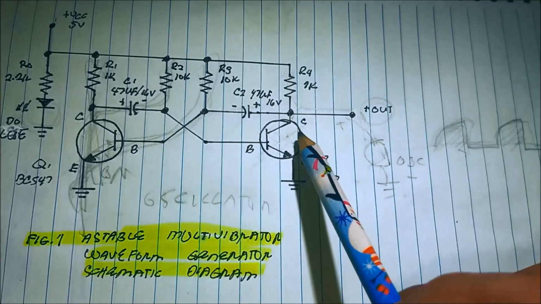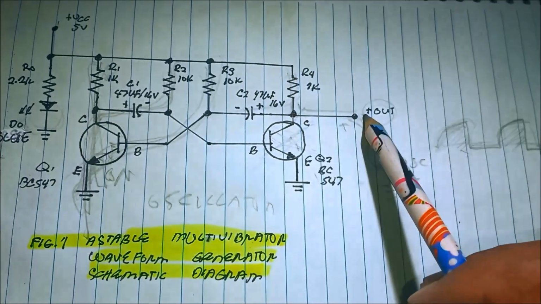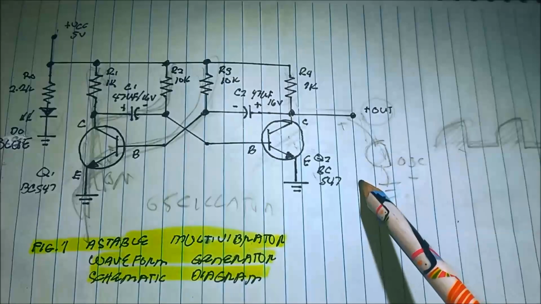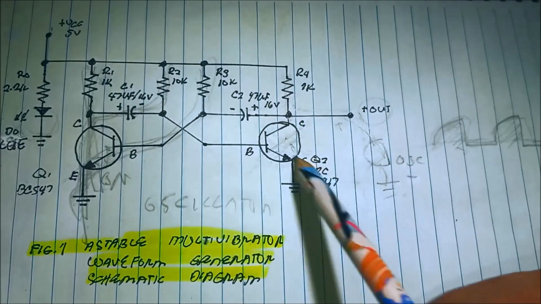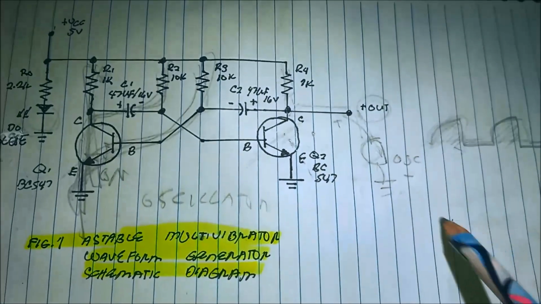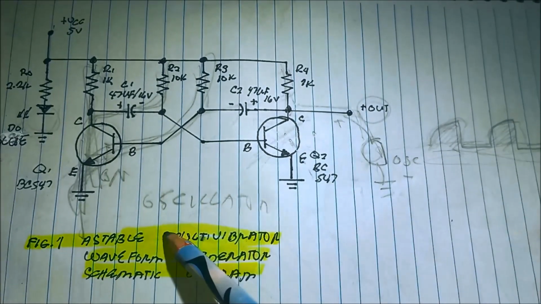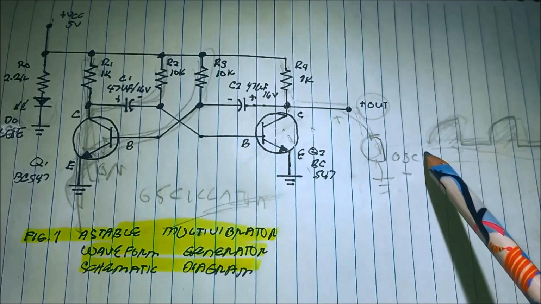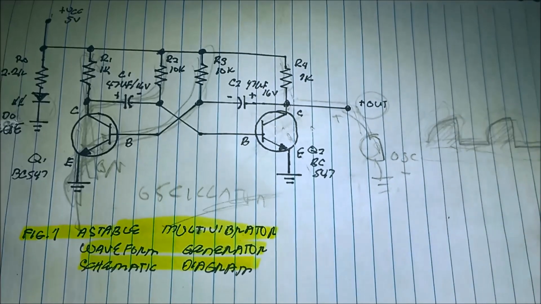This is off, almost open, so the current flows into the output. When this one is on, this one is off. When this one is off, this one is on. That's why we created an oscillator, causing the circuit to turn on and off.